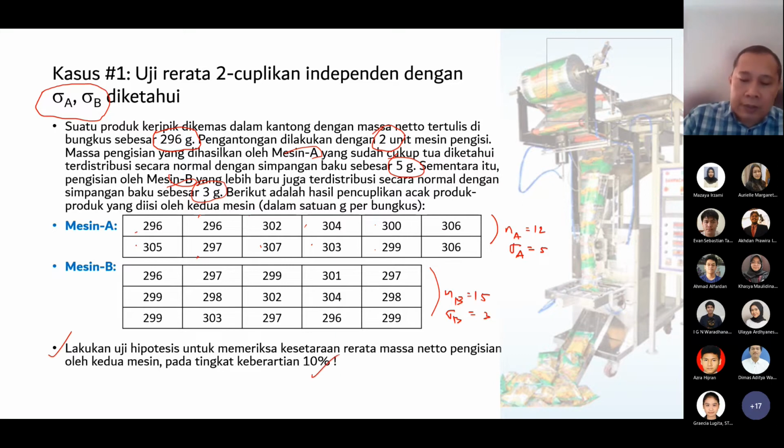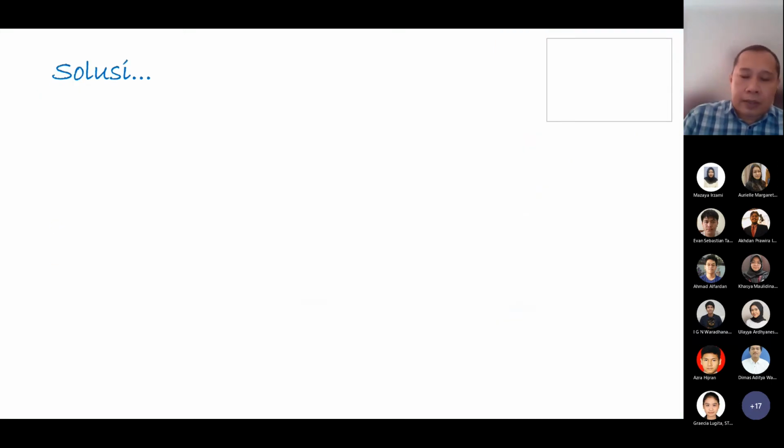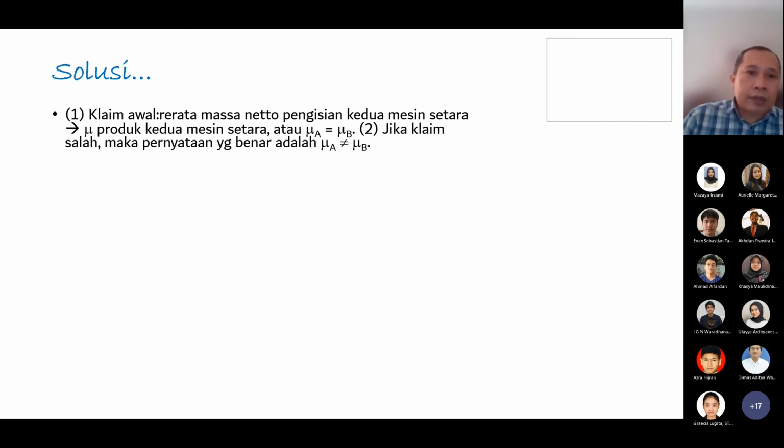Okay, so let's get to it. As usual, we frame the initial claim. The initial claim is that the average net filling mass from both machines are equal. Again, let me repeat this. The initial claim is that both machine A and machine B produce the same average filling weight per bag.